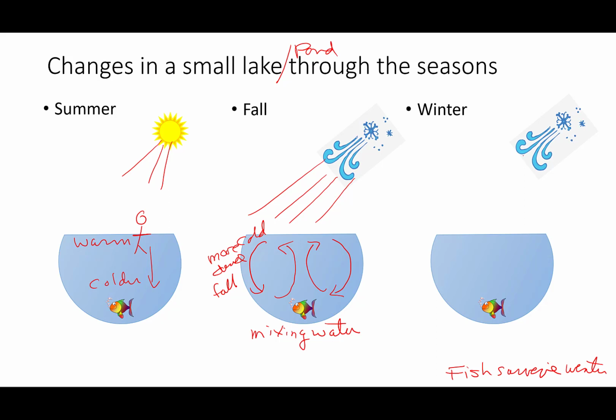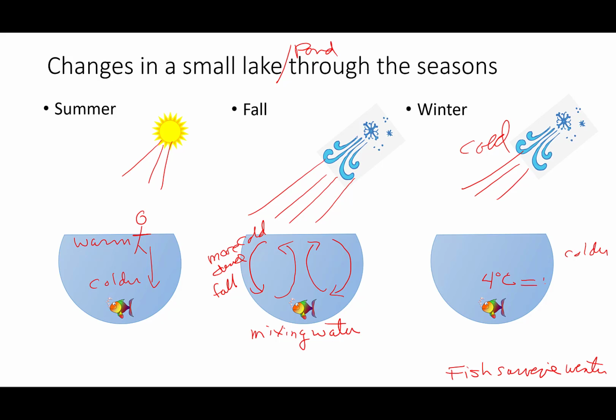As winter approaches, more cold wind is going to be blowing over the top of the pond. And what occurs is this gets colder and colder still, until the entire pond is 4 degrees Celsius. When the entire pond is 4 degrees Celsius, a wacky thing happens.